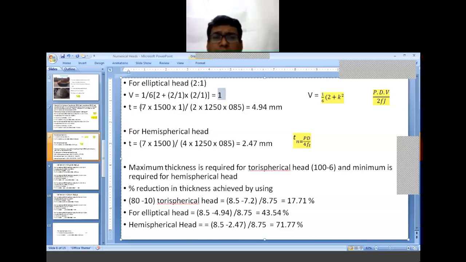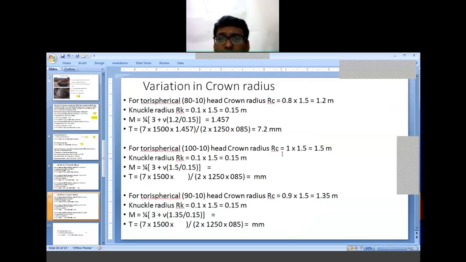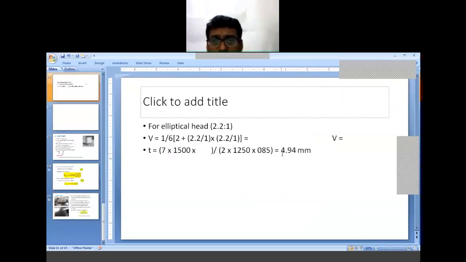Then by simply substituting this 1, I can calculate the thickness as 4.94 millimeter. Similarly, I can also make the variation for the elliptical head.